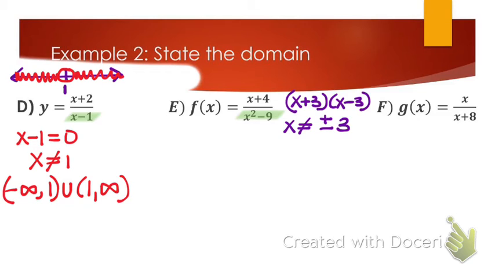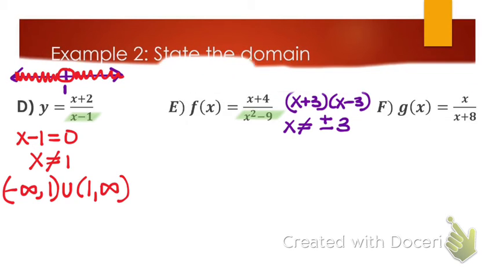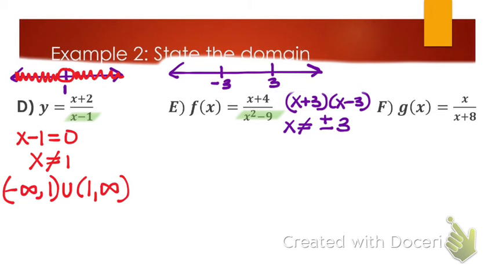So I'm going to graph it, like make a sketch of it so you can see it visually, and then we'll write it in interval notation. So negative 3 and 3 are the 2 numbers that we have to throw out. So I have an open circle and an open circle.